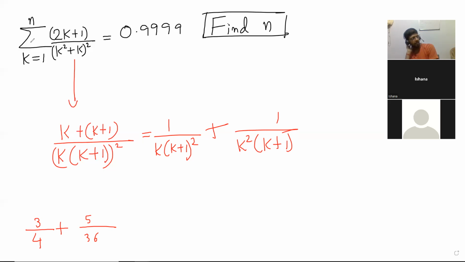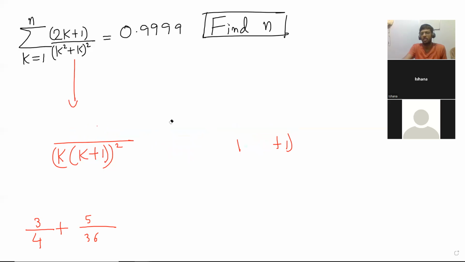It's k square plus k, and then there is another square. Sir, if we write the numerator as k plus 1 the whole square minus k square and try to factorize. That is the correct way. Yes, that is the correct way. That's just better in this situation.